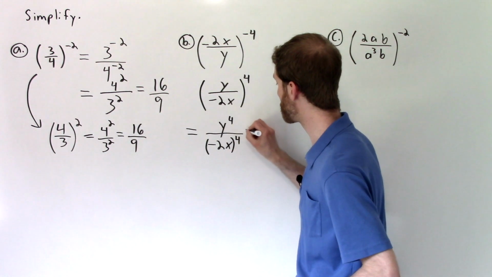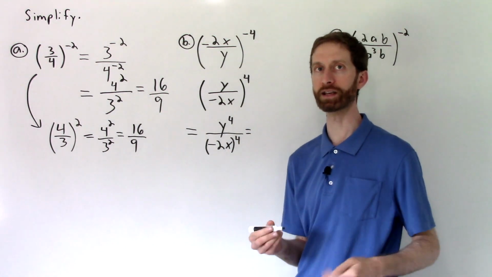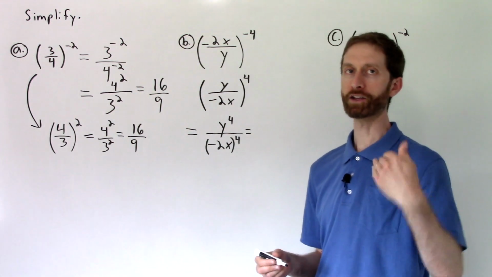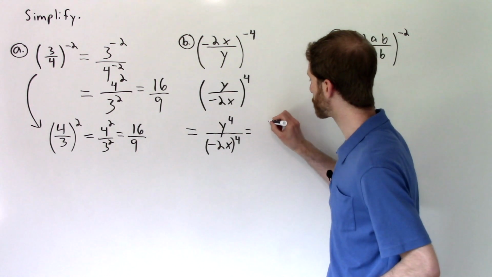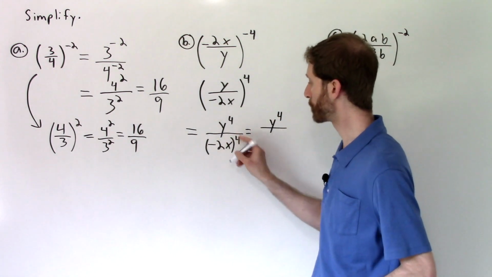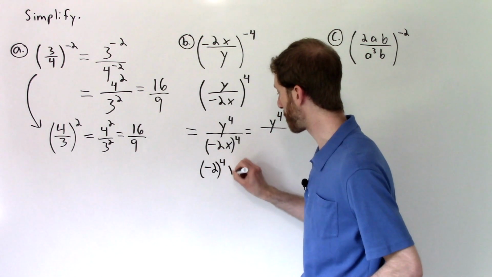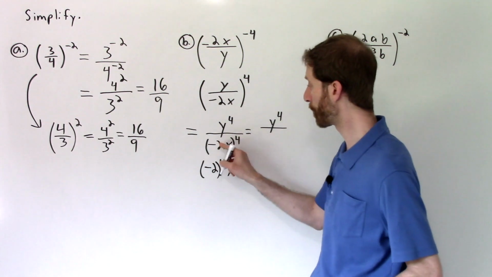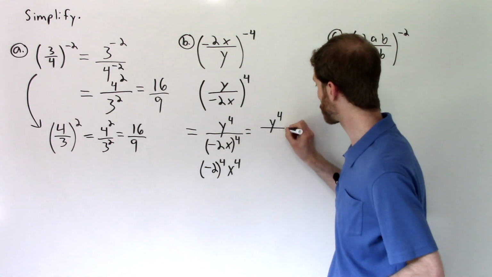So take your time, be patient, go step by step, and the rules of exponents will all apply nicely to each part as you simplify. So y to the 4th just stays. There's nothing we can do with that. Remember that when you raise a product to a power, each part of that product gets raised to that power. So I'm distributing the 4 to the -2, and then the 4 to the x.